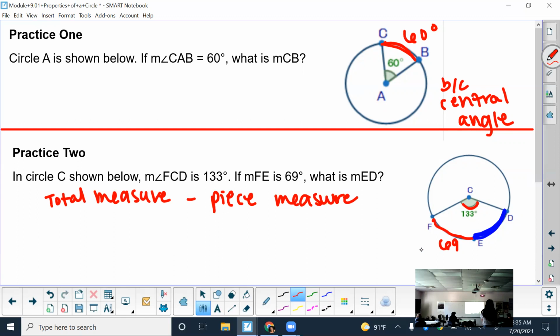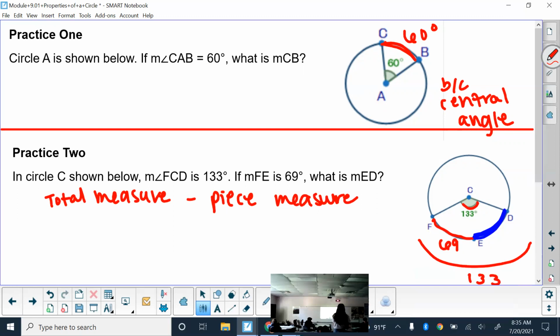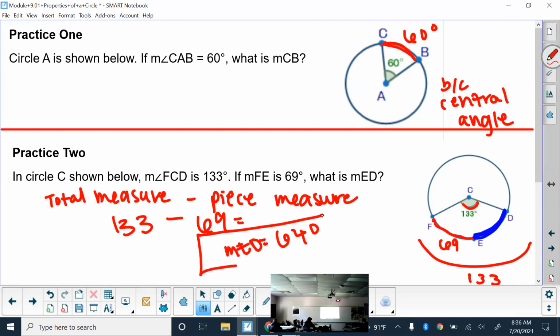Since this is my central angle, this entire thing equals 133, so my total measure is 133. They only gave us the measure of a piece of it to label. So to find the missing piece, 133 minus 69, that's how we get 64 degrees for ED. All right, questions, comments?